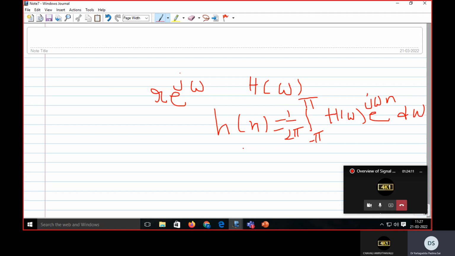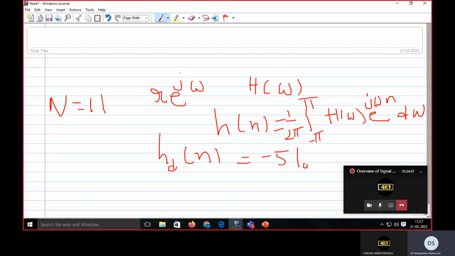So in the Fourier series method, for example, I want to design my FIR filter for N equal to 11 samples. Even though it is having an infinite number of samples, I am abruptly truncating. That one I am calling hd(n). hd(n) is having samples from minus 5 to 5.